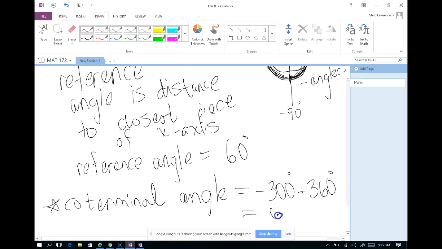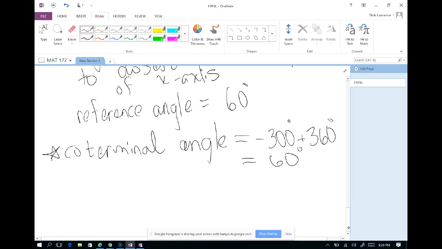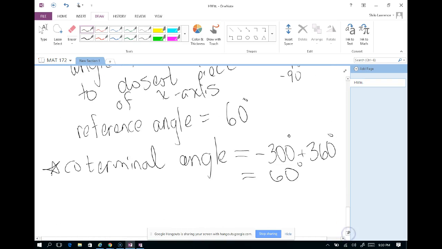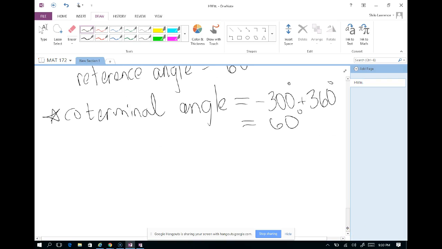Now, luckily, that's all we have to do on this problem. Sometimes it's not. Based on the quadrant you're in, you might then have to do another calculation to get to the x-axis. So theta sub r means reference angle, and I'm going to use that notation in this little chart.